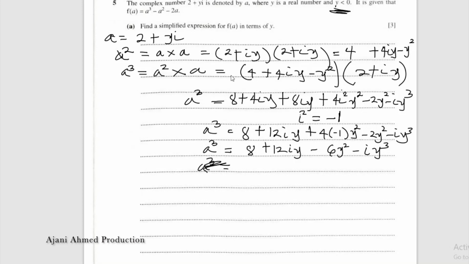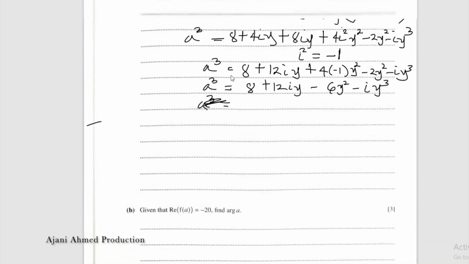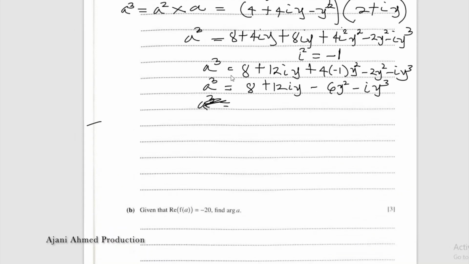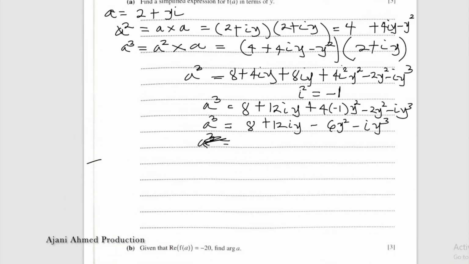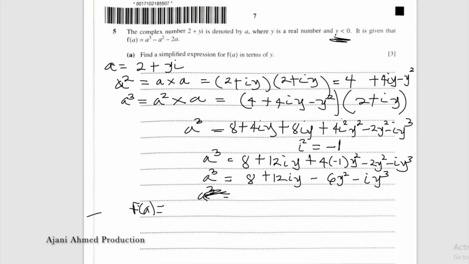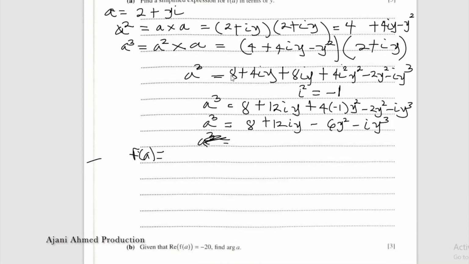That's a cube. And let me substitute it into the function. The function of a, from the question, is a cube minus a square minus 2a.